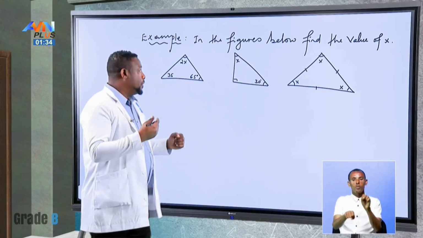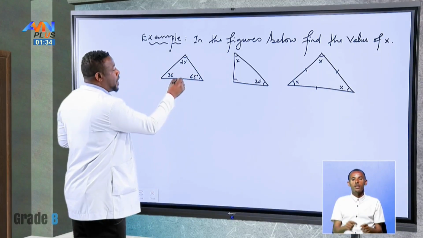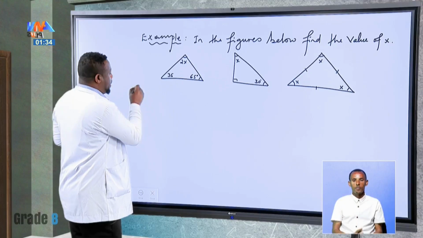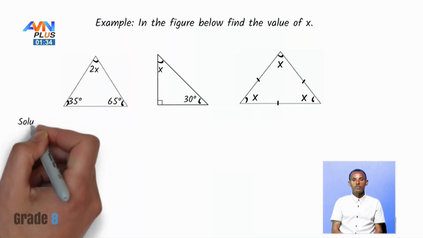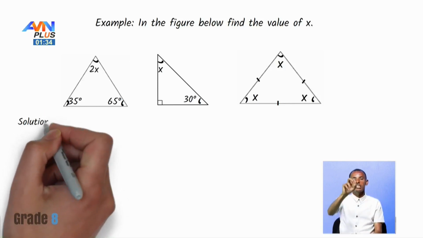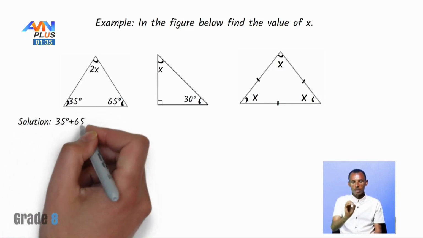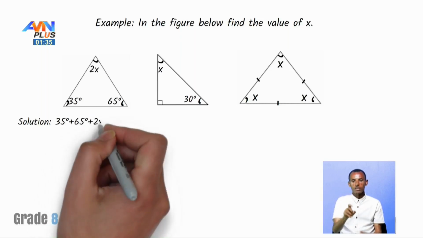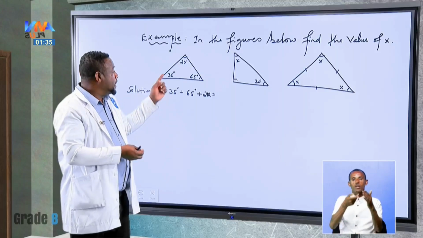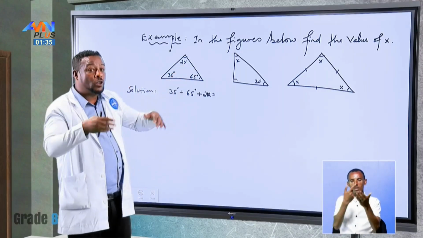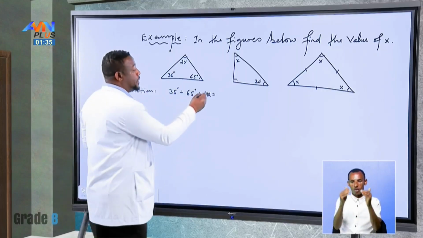Whenever we take the first triangle, the angles are 35 degrees plus 65 degrees plus 2x must be something. What is that number? The sum of all these three angles, based on the previous theorem, must be 180 degrees.